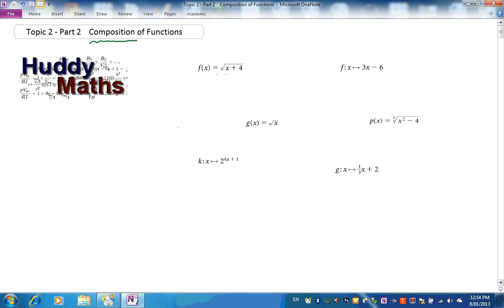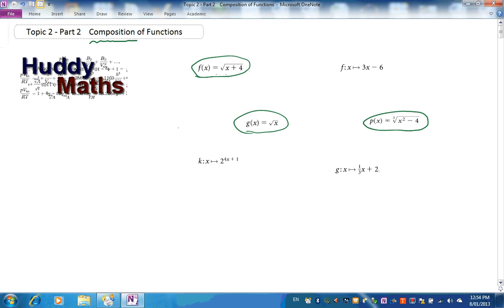So what I'd like you to do now is just have a look at the functions I've got there for you and the way they're written. Can you see that there are two distinct types? Let's have a look. This one here is written as f of x equals, and this one, g of x equals, and p of x equals. Now that's one type.